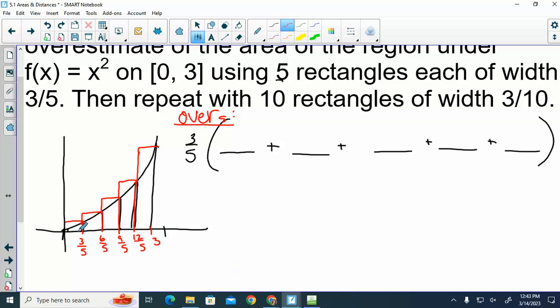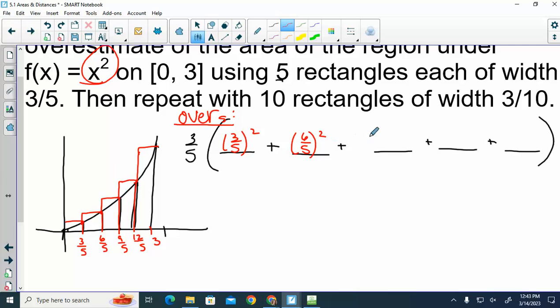Right, so the first one, my x is 3/5, so to get the y, you plug it in, so it would be 3/5 squared. Would you rather use fractions or decimals? Fractions. Alright, so this is numbers. 3/5 squared to get the y value. Okay, so the next one to measure my height, I would have to plug my 6/5 in. So that would be 6/5 squared.